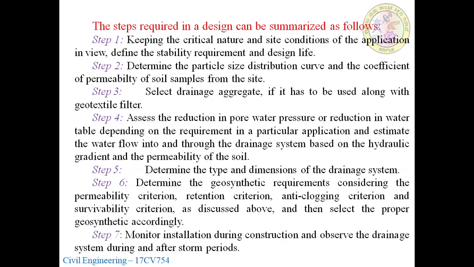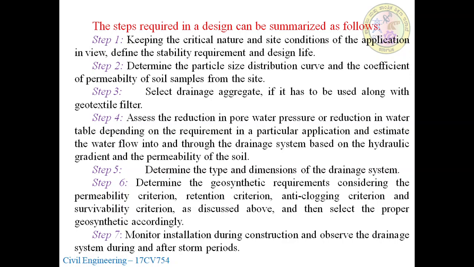Select drainage aggregate if it has to be used along with the geotextile filter. Assess the reduction in pore water pressure or reduction in water table depending on the requirement in a particular application, and estimate the water flow into and through the drainage system based on hydraulic gradient and the permeability of the soil. Determine the type and dimensions of the drainage system.